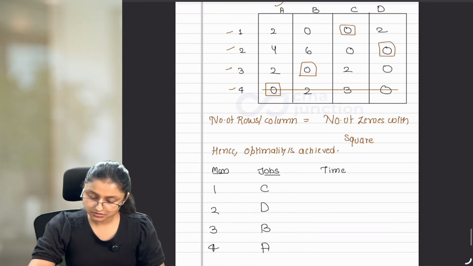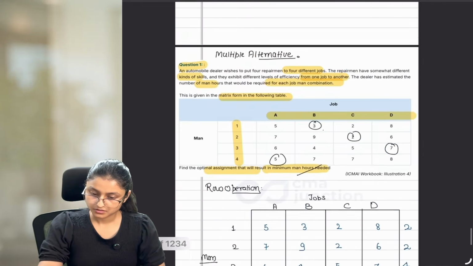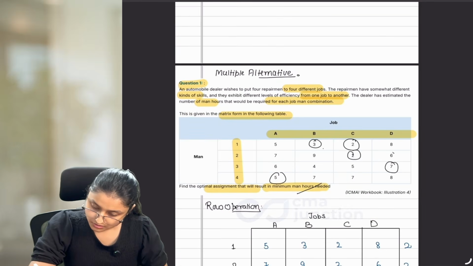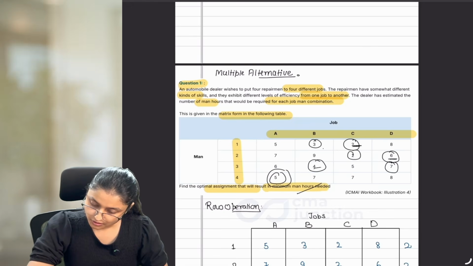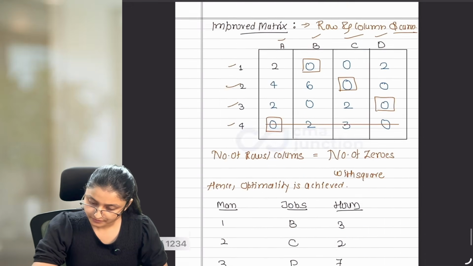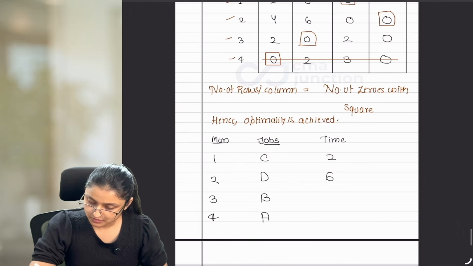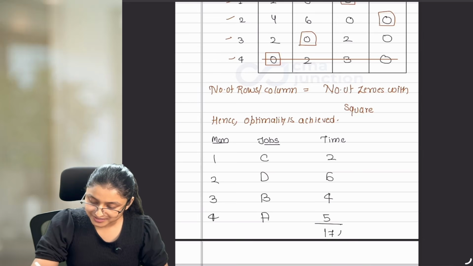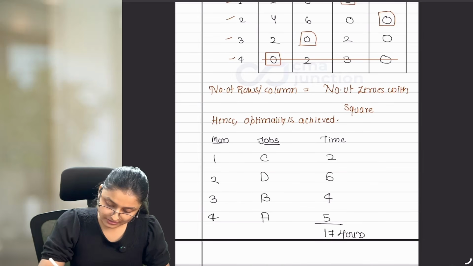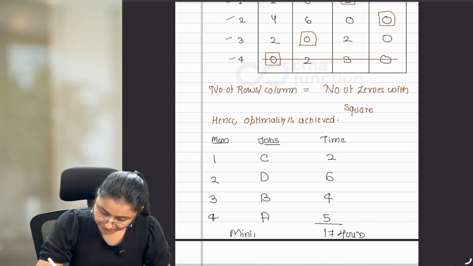The time here is C, D, B, A: 2, 6, 4, 5. If I add all of these, I'm going to get the exact same answer, that is 17 hours. And this is our minimum time.